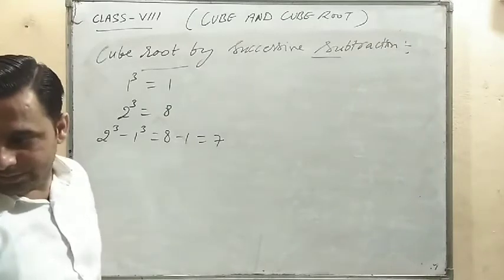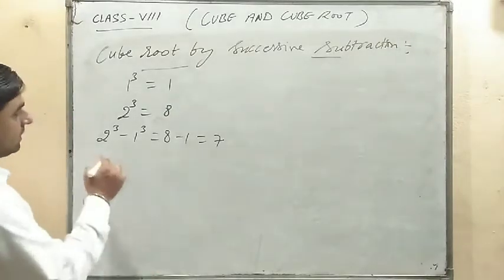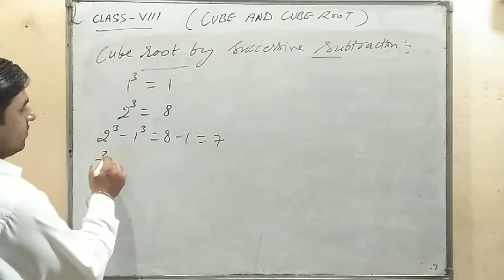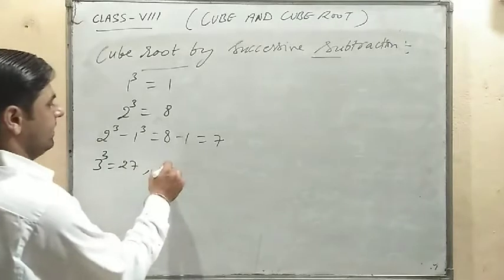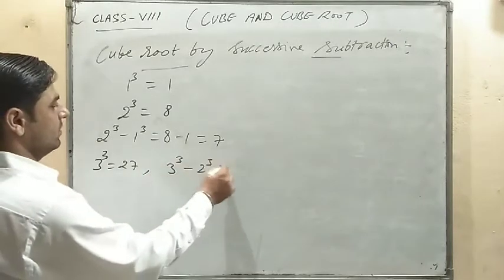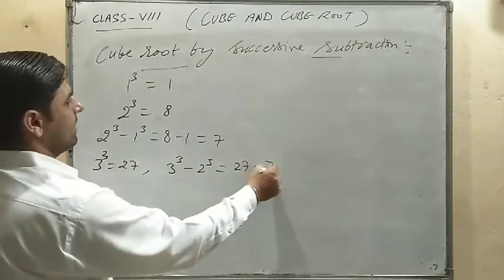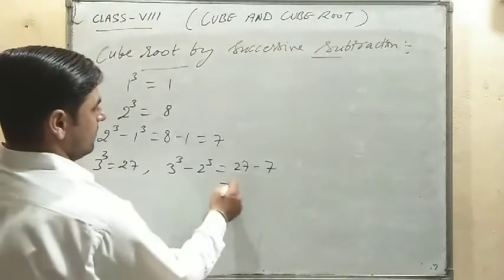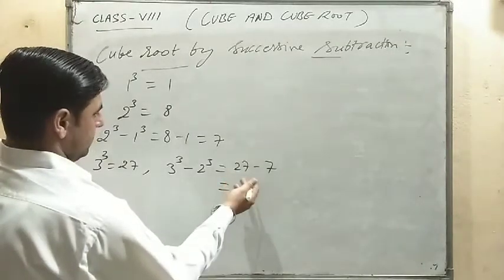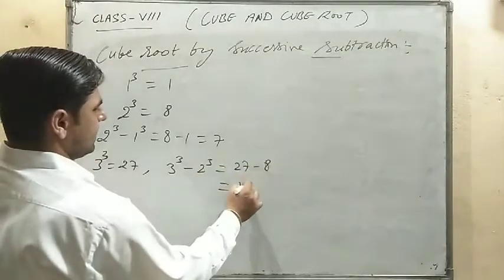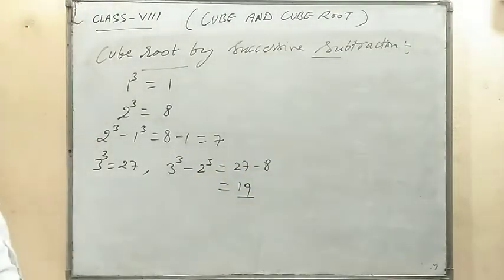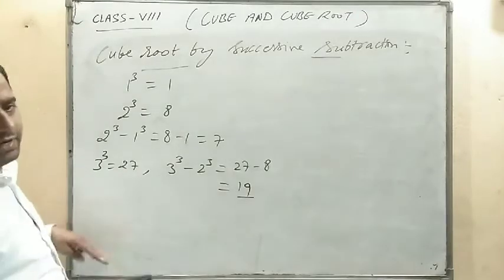Next, you know very well 3 cube is equal to 27. So we subtract 3 cube minus 2 cube, 27 minus 8. So the result is 19. By this method you have to subtract.